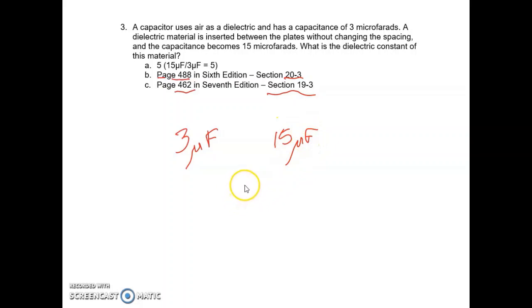So to determine the dielectric constant, and again this is explained in these sections in the 2 different editions, we do some simple division. It's 15 microfarads over 3 microfarads. So the dielectric constant of that dielectric that we put into the second capacitor is 5.